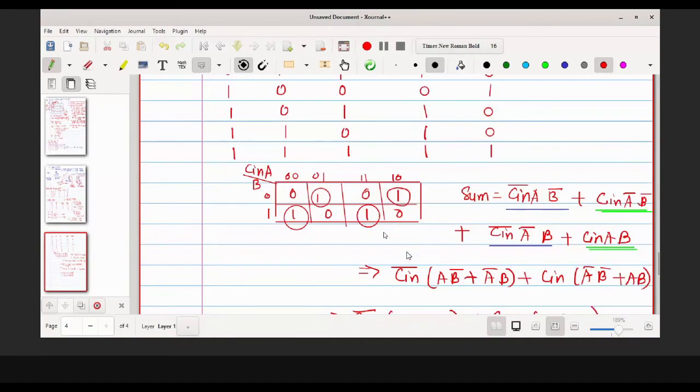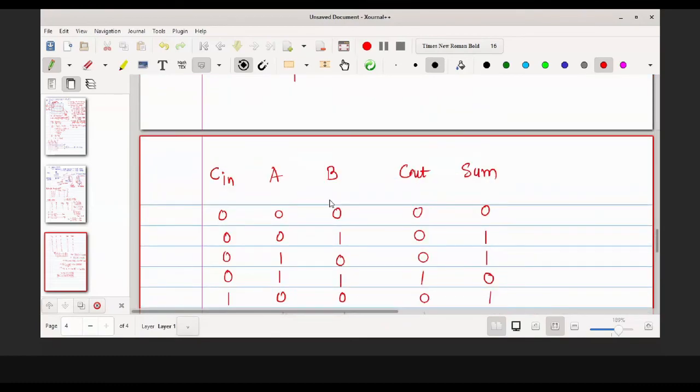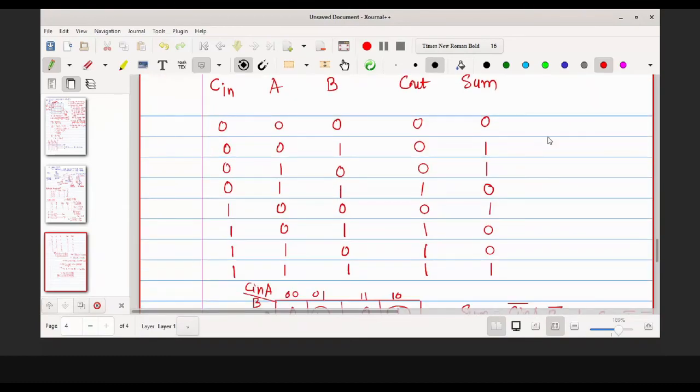You can understand from here also, when the input combinations are like this, then it is XOR, and wherever 0 0 is written, if the input combinations go like that, then it is XNOR. Similarly, now you can get the equation for C out. I'll do it very quickly over here.